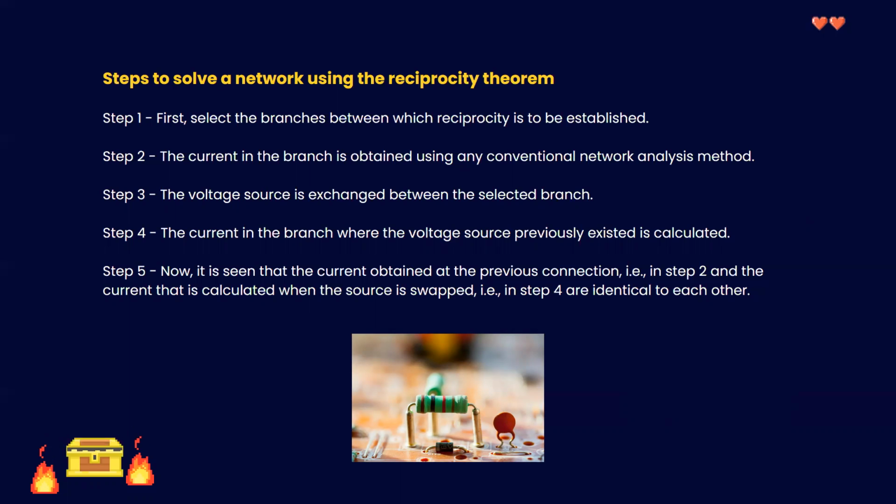Step 4. The current in the branch where the voltage source previously existed is calculated. Step 5. Now it is seen that the current obtained in the previous connection, in step 2, and the current calculated when the source is swapped, in step 4, are identical to each other.